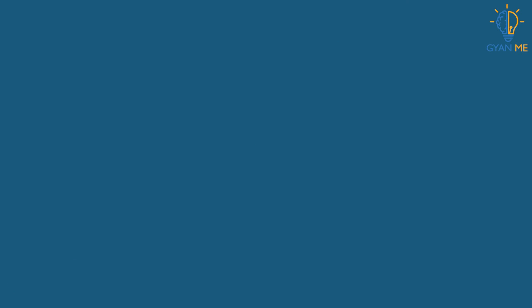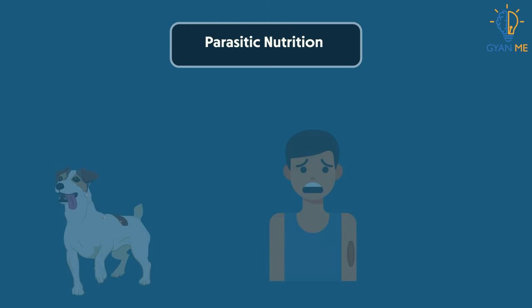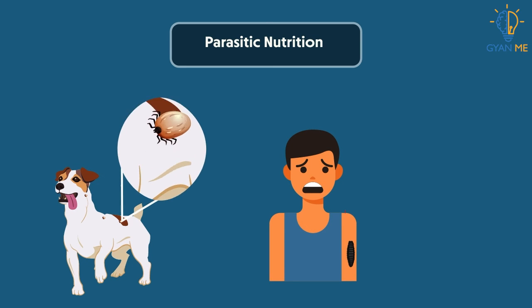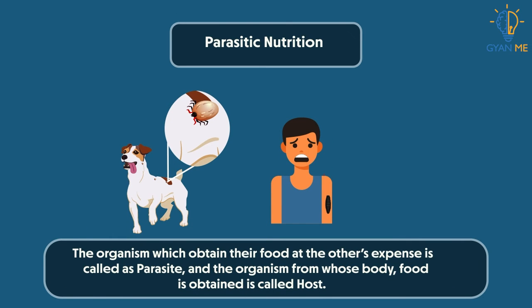Now, let us learn about parasitic nutrition. Students, there are also some other organisms which derive their food from plants or animals without killing them and do not require the process of digestion. Rather, they directly absorb the ready nutrients. The organisms which obtain their food at others' expense are called parasites, and the organism from whose body food is obtained is called host.